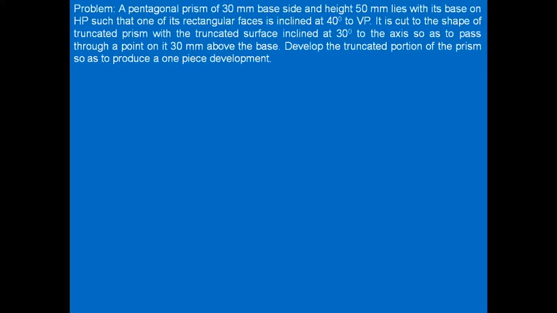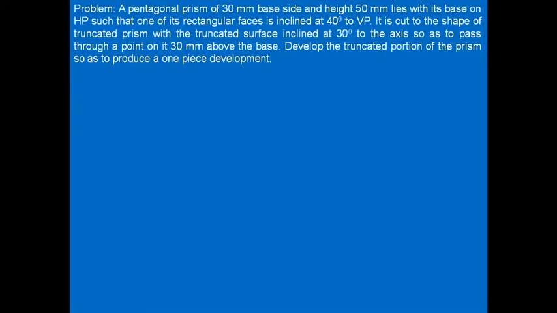So let us start with the problem statement. Here you have a pentagonal prism of 30 mm base side and height 50 mm, which lies with its base on HP such that one of its rectangular faces is inclined at 40 degrees to VP.